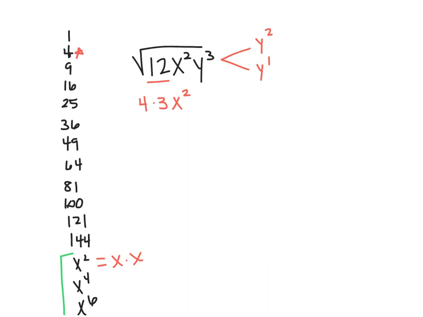So I can break down y into a perfect square, y squared, and then y to the first, which is what was left over after I took y squared out. Okay, so now let's simplify this. Remember, it's all under the radical sign. And each piece of this can be broken down, if that helps you to remember that each part is separate.